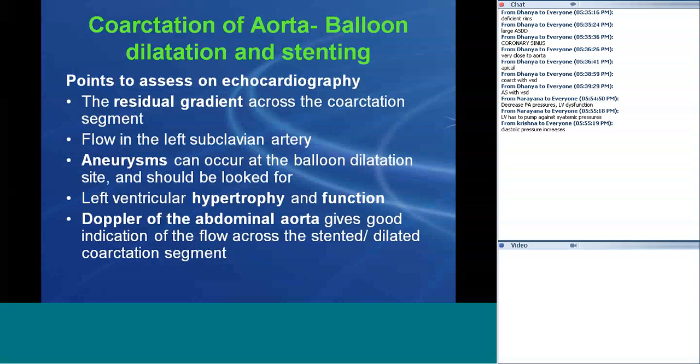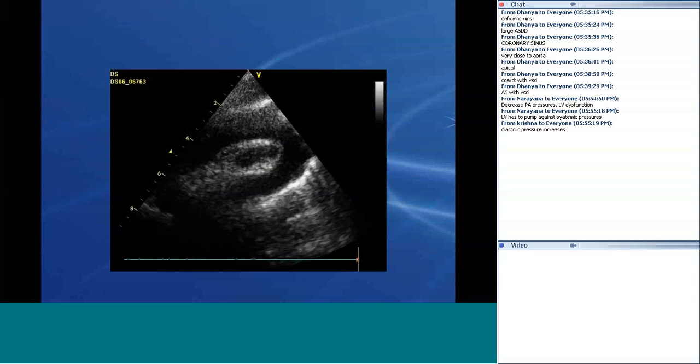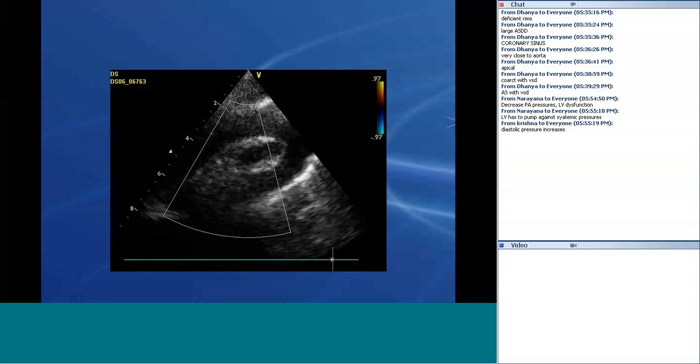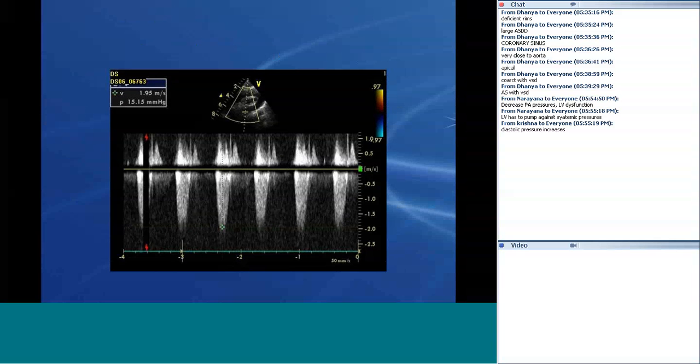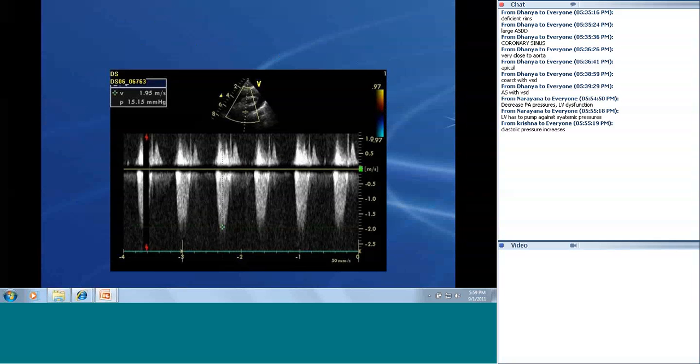The continuous flow in severe coarctations in the abdominal aorta, when it becomes pulsatile and comes near normal, you can understand that there is very good flow across the coarctation segment. So this is just a picture of coarctation which has been dilated. This is the post-stenotic gradient, which you can see is 15, which is very much acceptable.